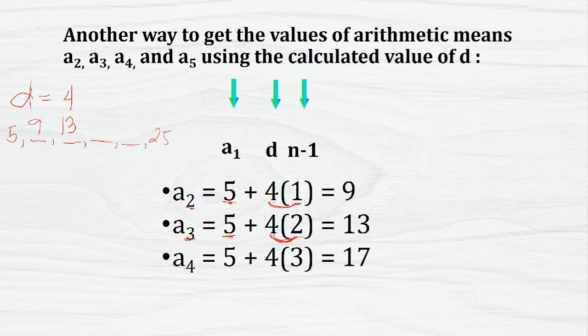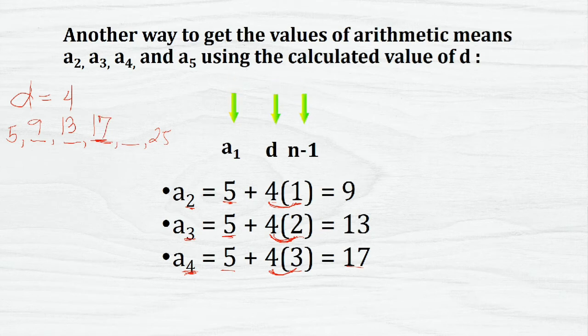And then, the third arithmetic mean, that's the fourth term of the sequence. So, a sub 4 equals, first term is 5, plus 4, 4 minus 1 is 3. Then, 3 times 4 is 12, 12 plus 5 is 17. So, the third arithmetic mean, or the fourth term, is 17.